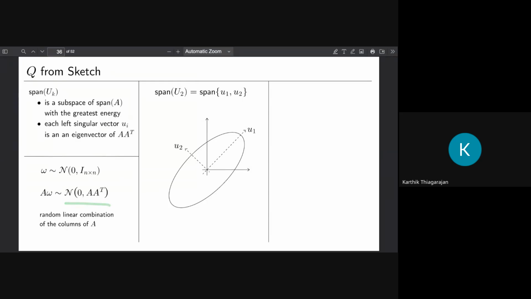So what will happen if you sample randomly from this? Most of the points are going to end up in this manner. If you think about this as a point cloud, the point cloud will roughly be occupying this elliptical region. And U1 is the first eigenvector, the eigenvector along which the maximum information lies.